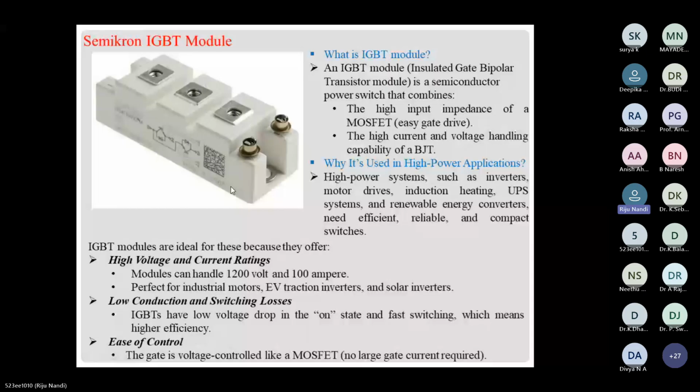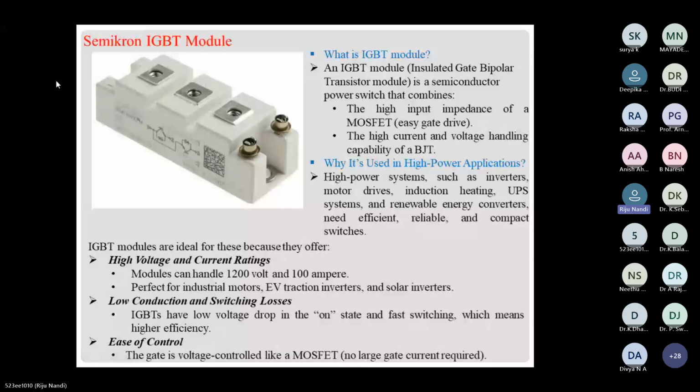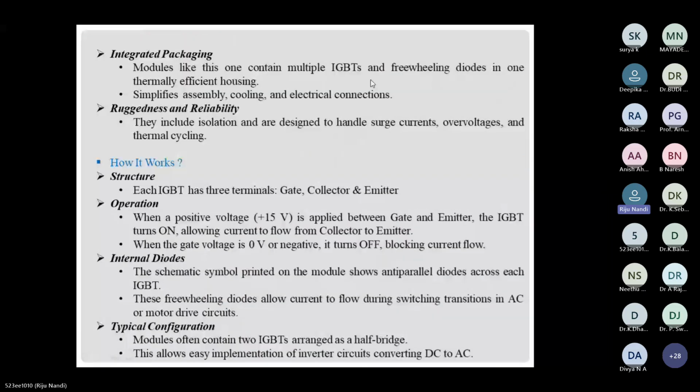Then integrated packaging. A module like this one contains multiple IGBTs. You can see there are two IGBTs in the module. A module contains multiple IGBTs and freewheeling diodes in one thermally efficient housing.